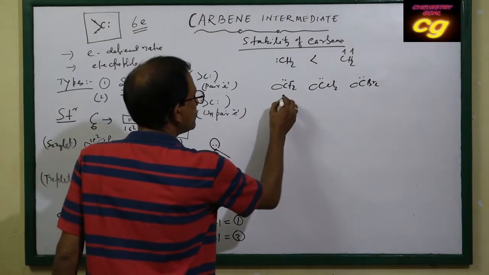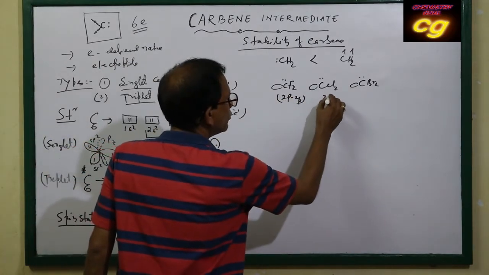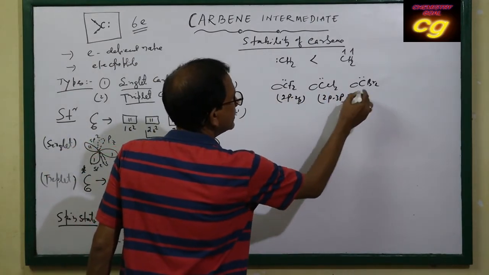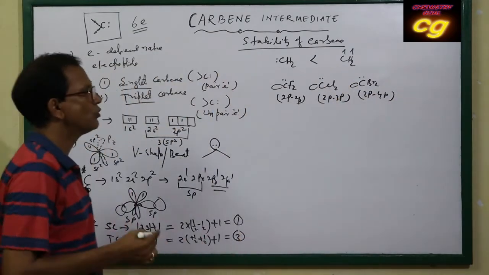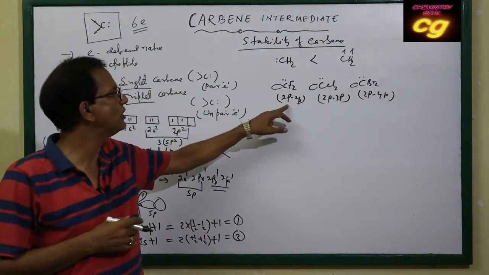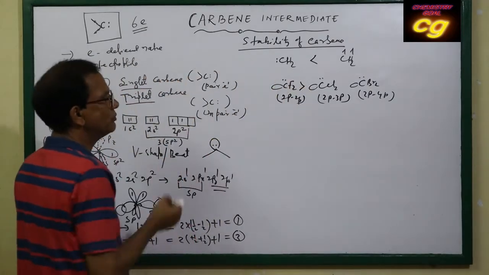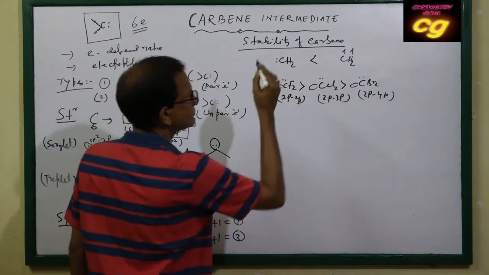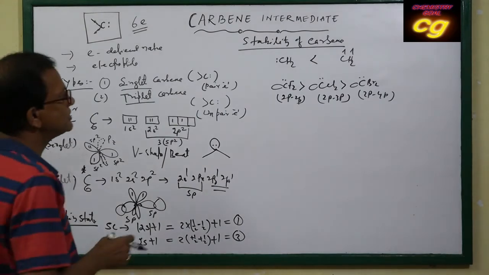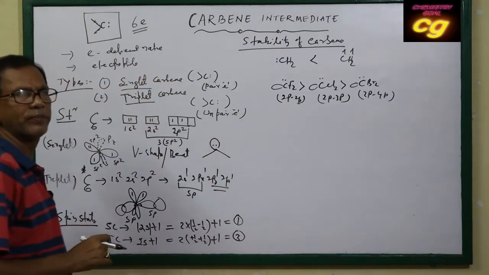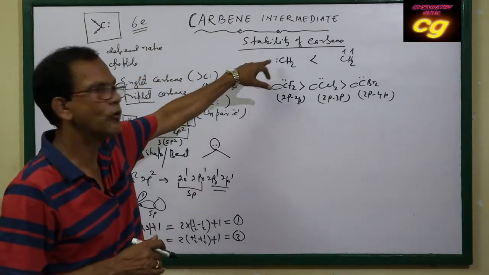So it is 2p overlapping; here it will be 2p and 3p, and here 2p and 4p. If you see like this, the overlapping will be stronger in this case. So this carbene is more stable than this one, as the overlapping is more. So the stability of carbene depends upon the overlapping.